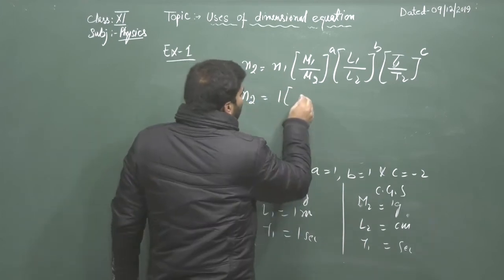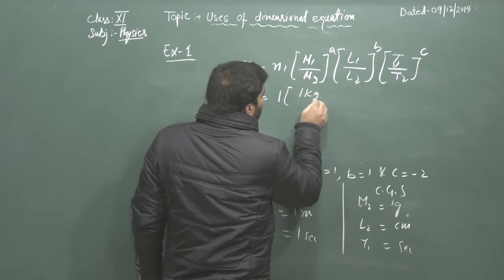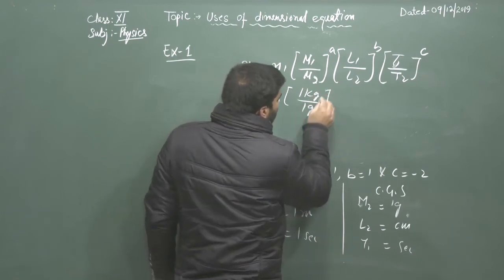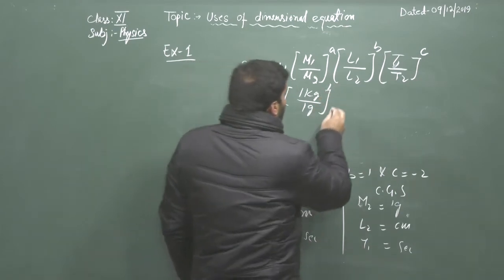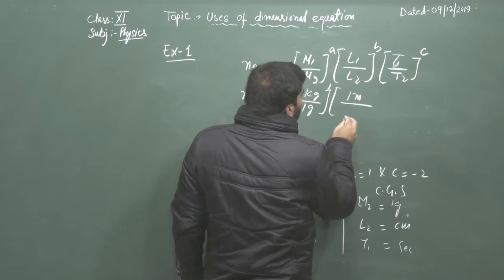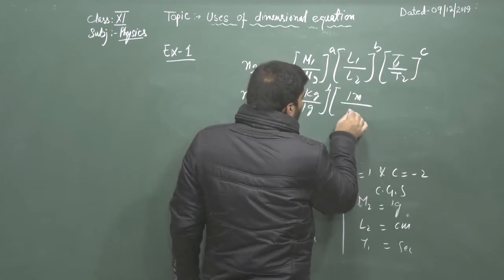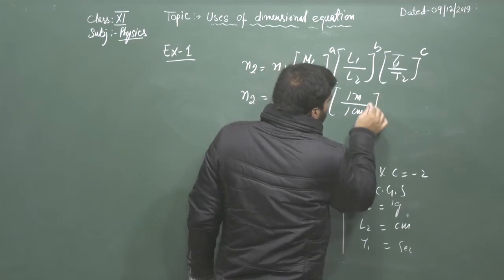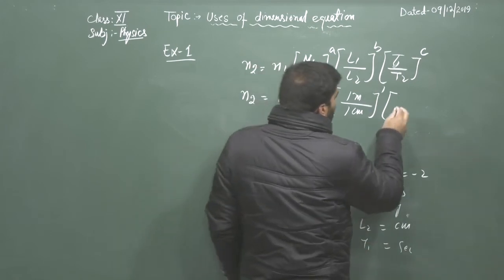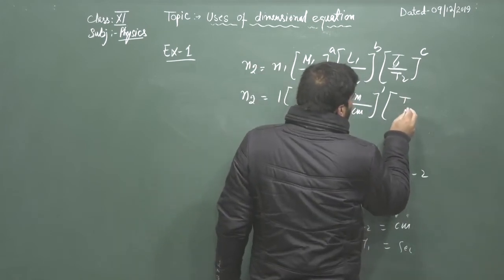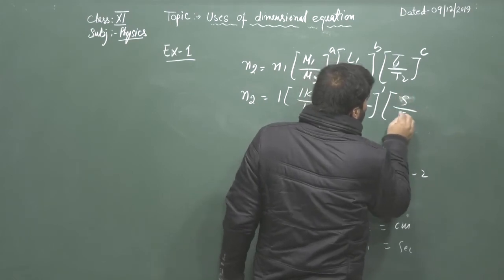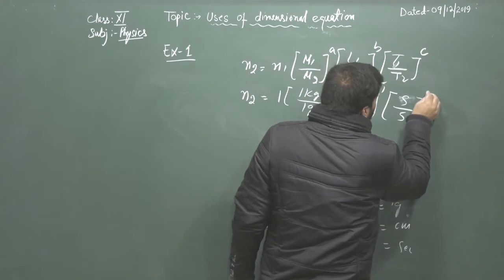M1, we can write 1 kg, divided by M2, 1 gram, raised power 1, A is 1. L1, which is 1 meter, divided by L2, which is 1 centimeter, raised power 1. And T1 is second divided by second, raised power minus 2.